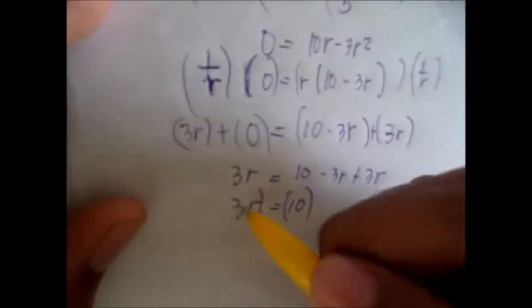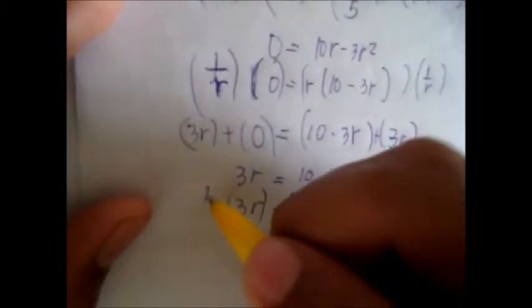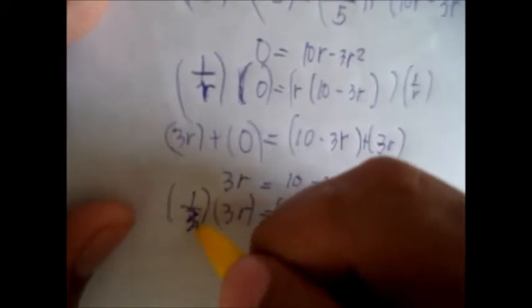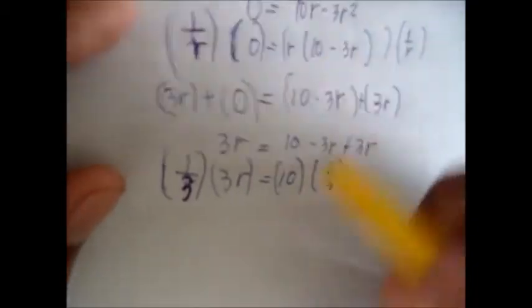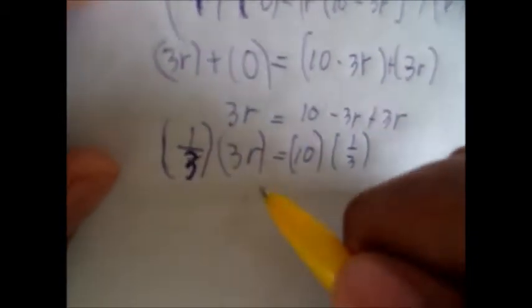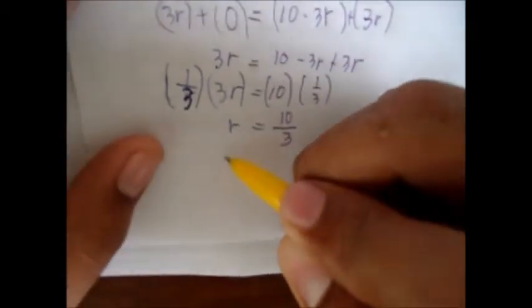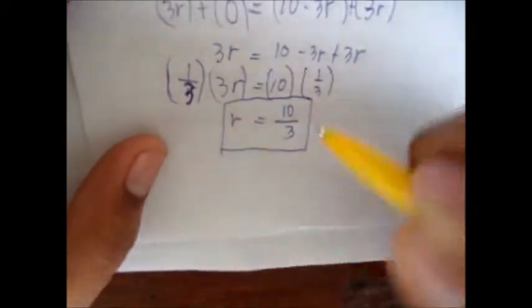To simplify r, we need the multiplicative inverse, 1/3. So 1/3 times 3r is equal to 1r. So r is equal to 10 times 1/3, which is 10 over 3. So we have here the radius, 10 over 3.